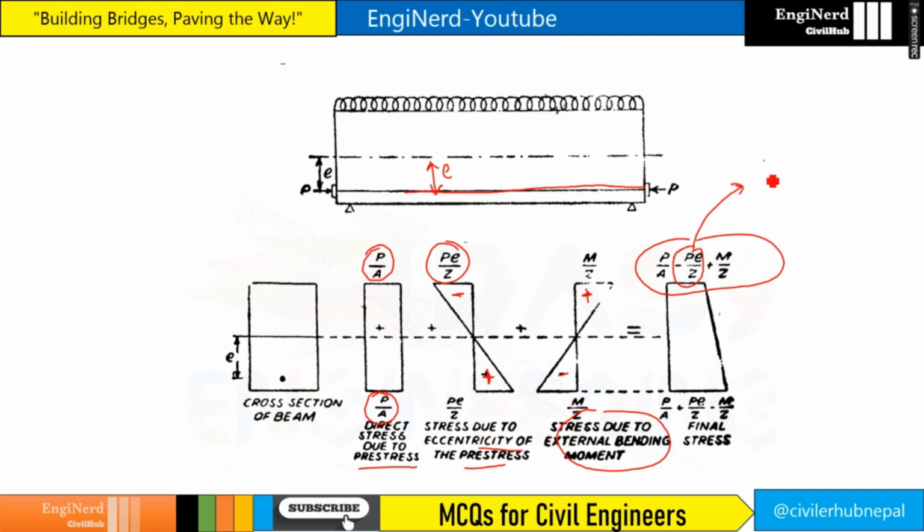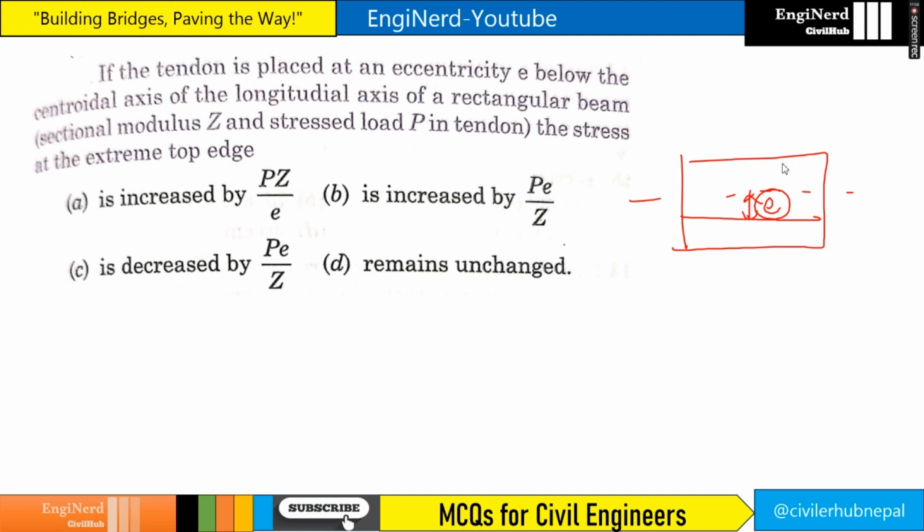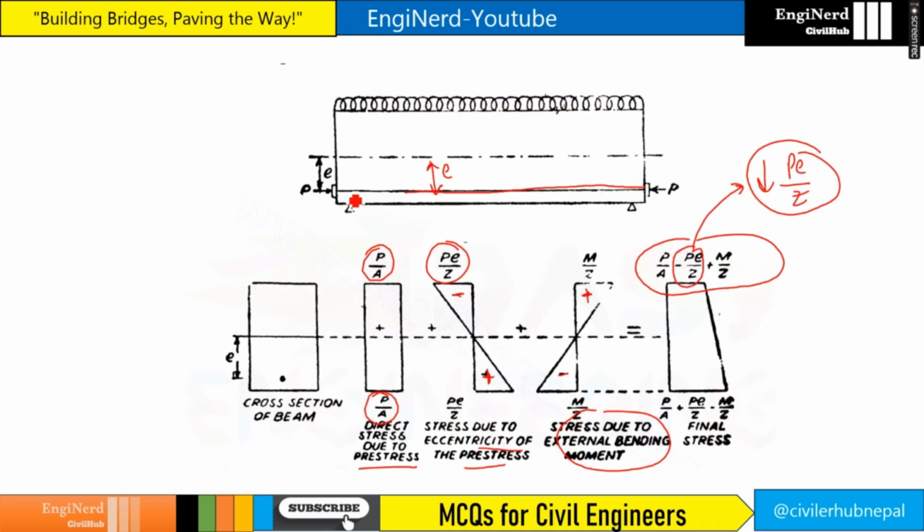It's decreased by PE by Z at the top. So for this particular question we can say it is decreased by PE by Z. If it was not placed at an eccentricity, it would be only P by A plus M by Z and P by A minus M by Z. Now it is decreased by PE by Z since it is provided at an eccentricity, right?